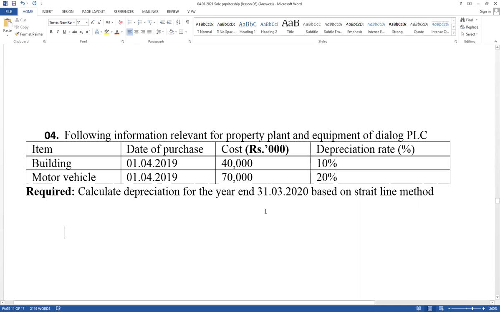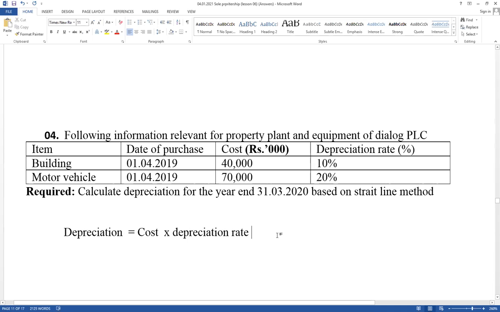First one, try the equation. Depreciation equals cost value into percentage, the depreciation rate. Not given residual value, not given useful lifetime. Therefore, the second equation should be applied.